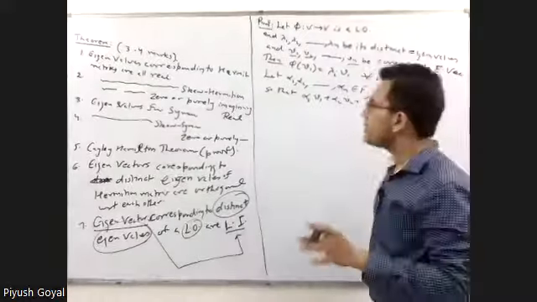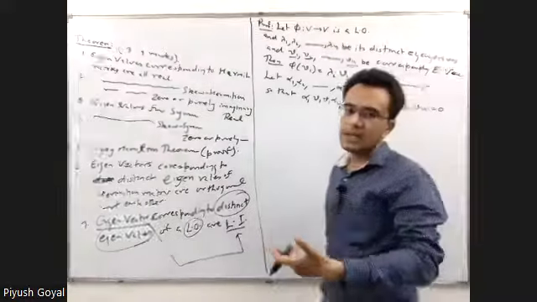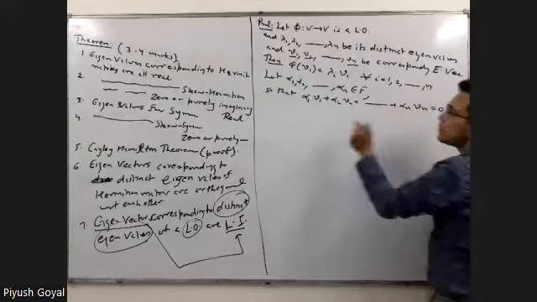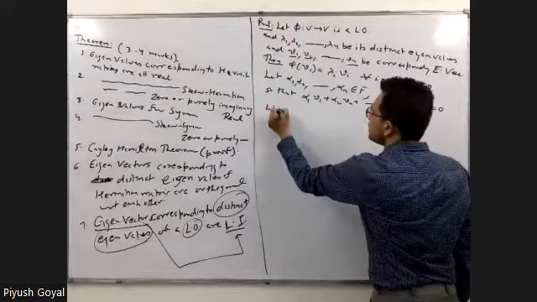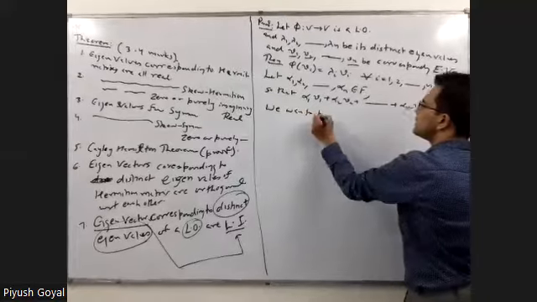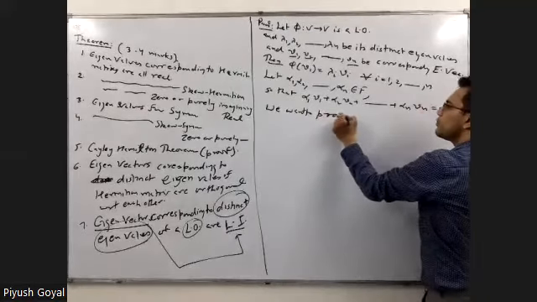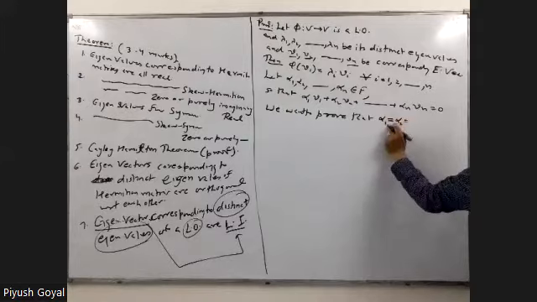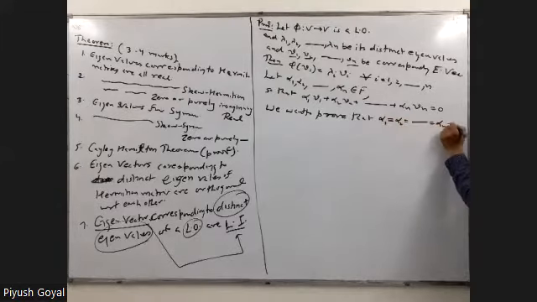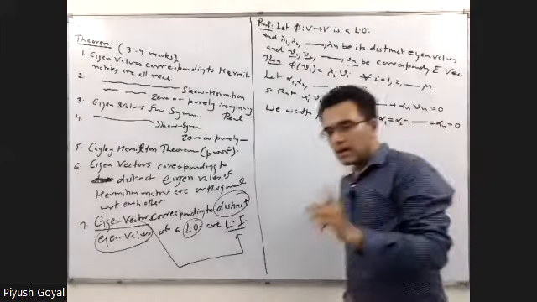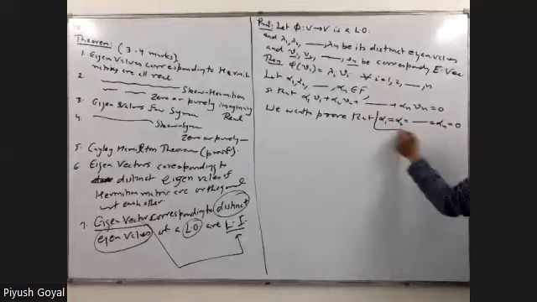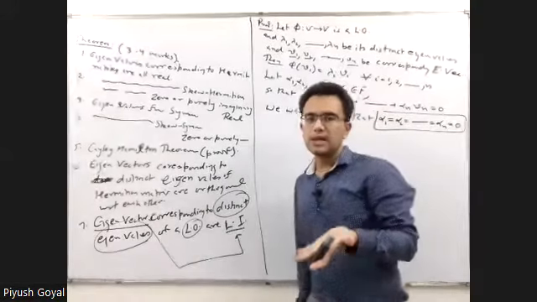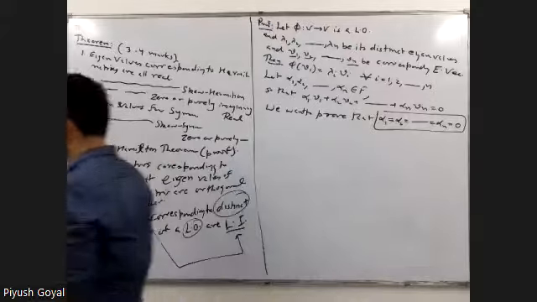How do we prove that vectors are linearly independent? We take their linear combination and put it equal to 0. We want to prove that alpha 1 is equal to alpha 2 up to alpha n is equal to 0. If we prove that all these alphas are 0, then these vectors will be linearly independent. Is this clear?